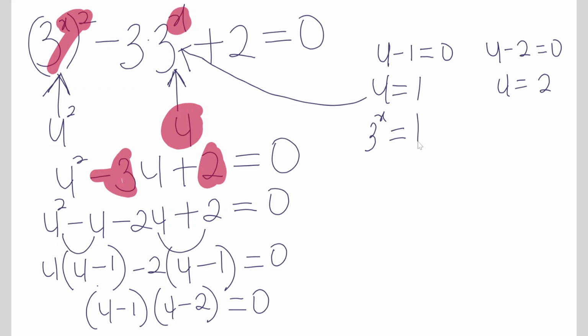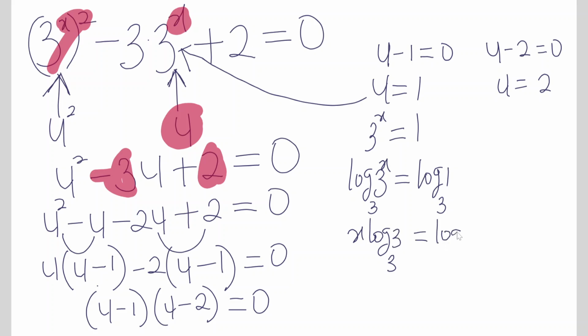So I'll be having logarithm of base 3 and 3 to the power of x equal to logarithm of base 3 then 1. And of course, we know that I can bring x and have something like this, x then logarithm of base 3 then 3, which is equal to logarithm of base 3 then we have 1.